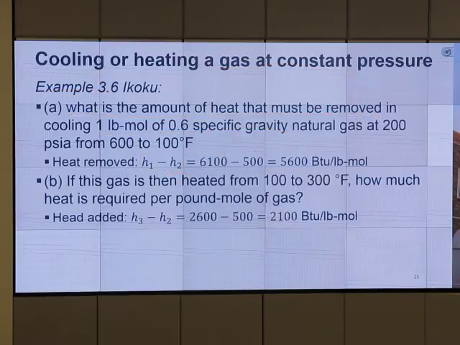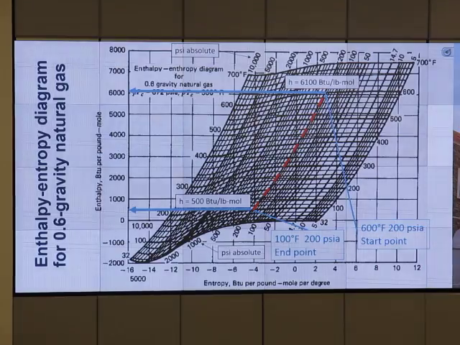So 200 psia, 600 to 100. So I read the chart. I find the first point, which is the start point: 600 Fahrenheit, 200 psia. It is over there. How do I know that it's 600?